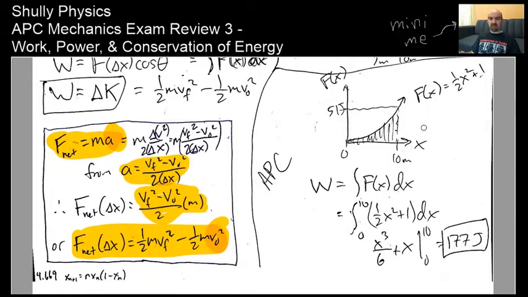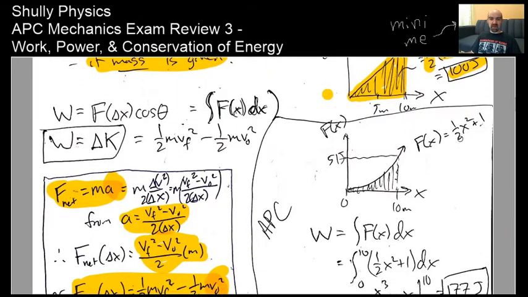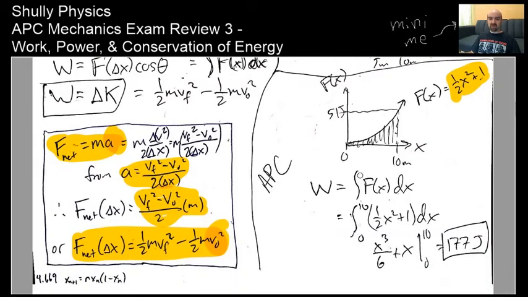Now what if we do have a function that's a little bit more difficult to calculate an area for? Here we just took an area of a triangle. So what if a function is something like 1/2 x squared plus 1? So work then becomes, in a more calculus kind of form, rather than looking at the area under the curve graphically, we can use the integral.